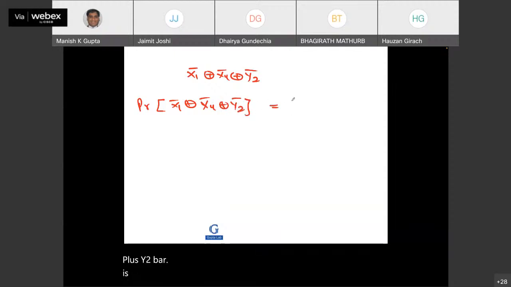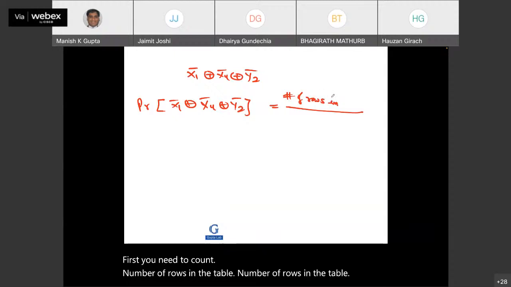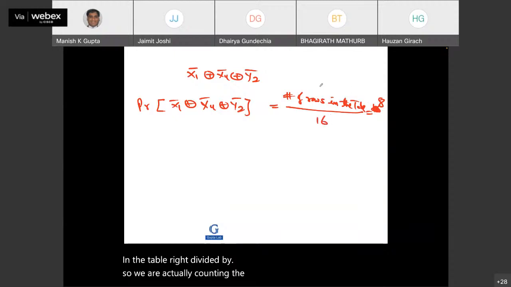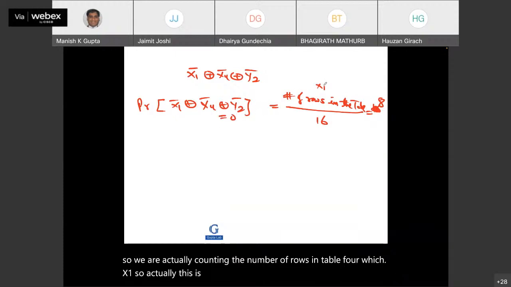The probability is the number of rows in the table, there are 8 rows, divided by 16. So we are actually counting the number of rows in the table for which the sum is 0.